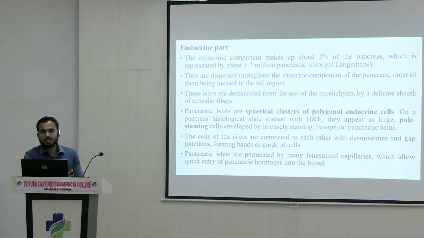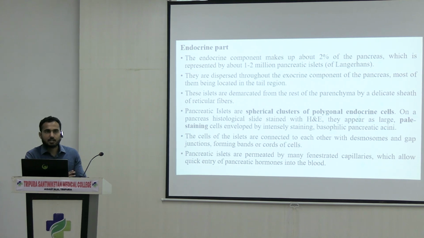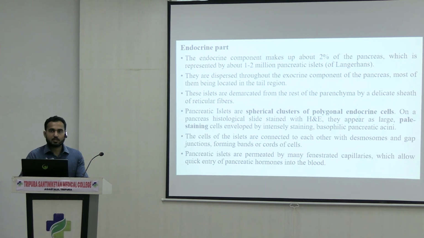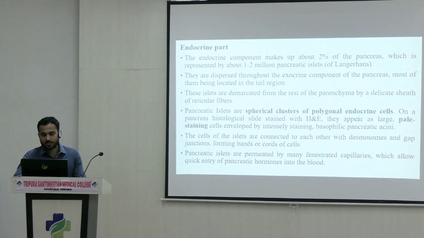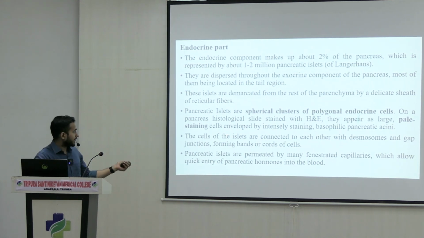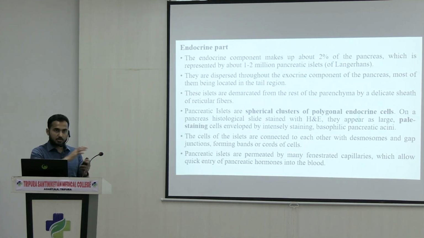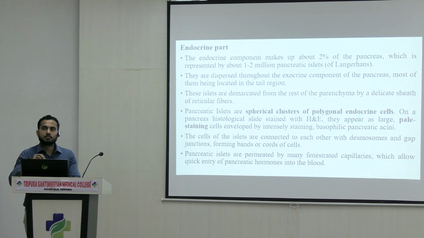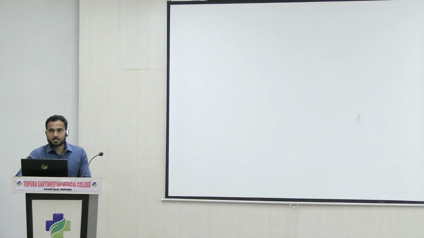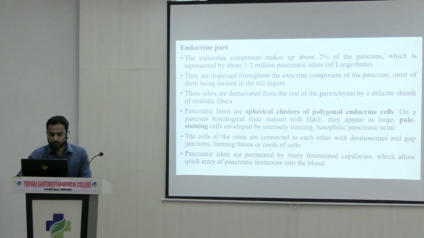Clusters of cells are placed together, and they are pale staining under H&E staining. They are enveloped by intensely staining basophilic pancreatic acini, the exocrine part. In between them you get the cluster of cells which is pale in staining. So this is how it is differentiated.